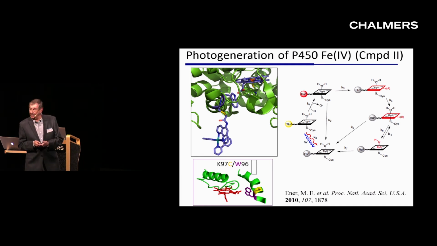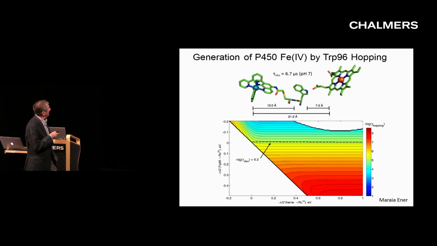Something else is happening in these enzymes, these oxidative enzymes. The holes are going someplace else. We had this beautiful system with a sensitizer, a tryptophan deep into the active site of P450 to generate the active intermediates. But we only generated them very, very low efficient.